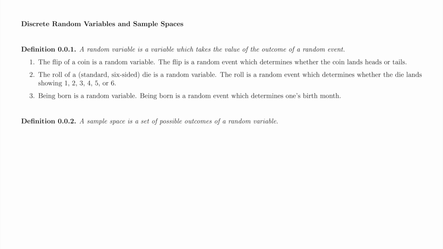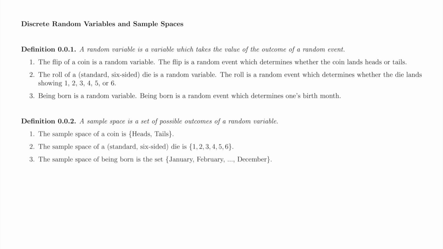If a random variable is one that takes as its value the outcome of a random event, we want to know what values it could possibly take. We call the set of possible outcomes the sample space. The sample spaces associated to the random variables listed above are heads, tails; 1, 2, 3, 4, 5, 6; and January through December, respectively.